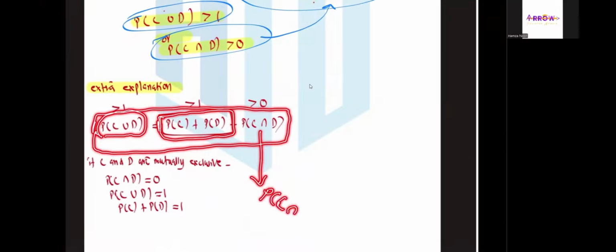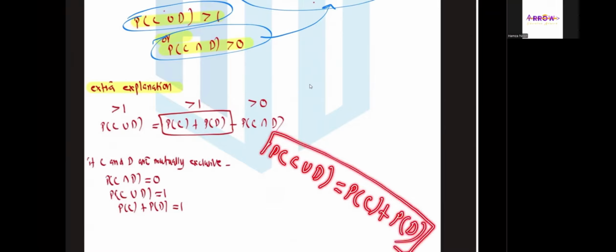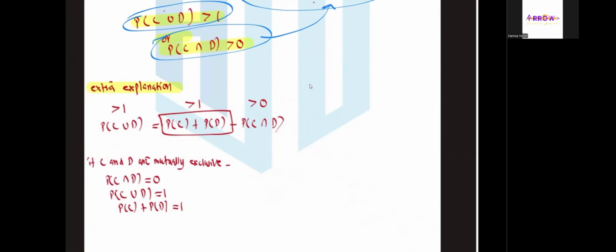And when C intersection D is equal to 0, there is no overlap between C and D, and therefore C and D are mutually exclusive. But this is not the case. This would be true only if C and D were mutually exclusive, and both would be equal to 1, as you can see here.